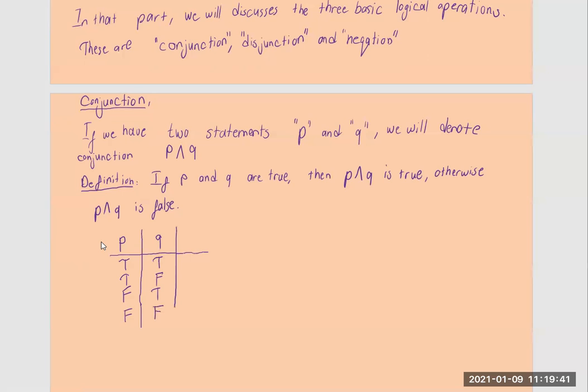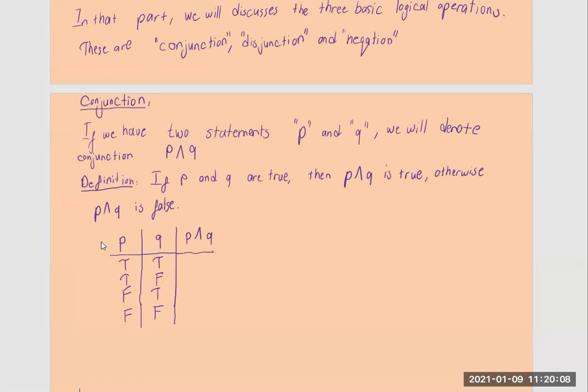So what was the condition to be true for P conjunction Q? Or we can say that one as an AND operation. So if P and Q are true, then P conjunction Q will be true.